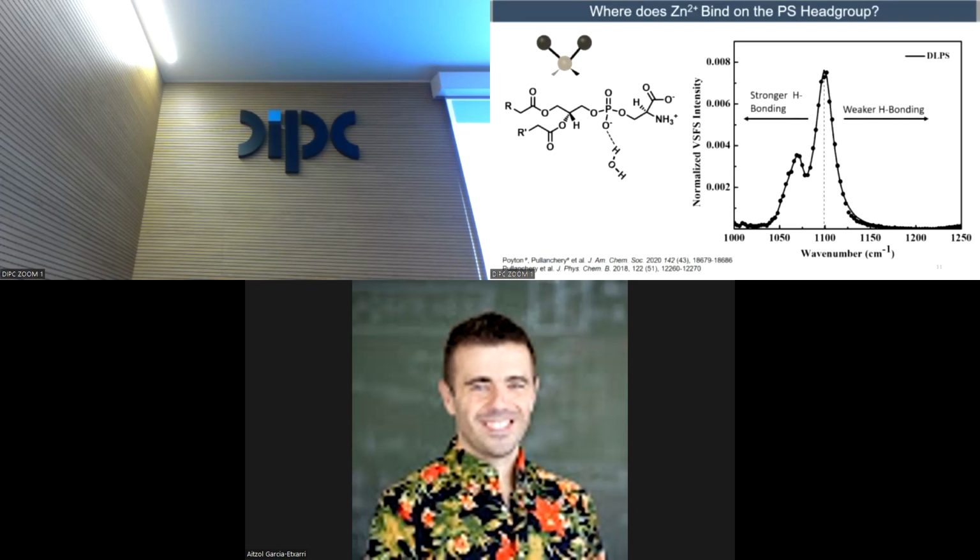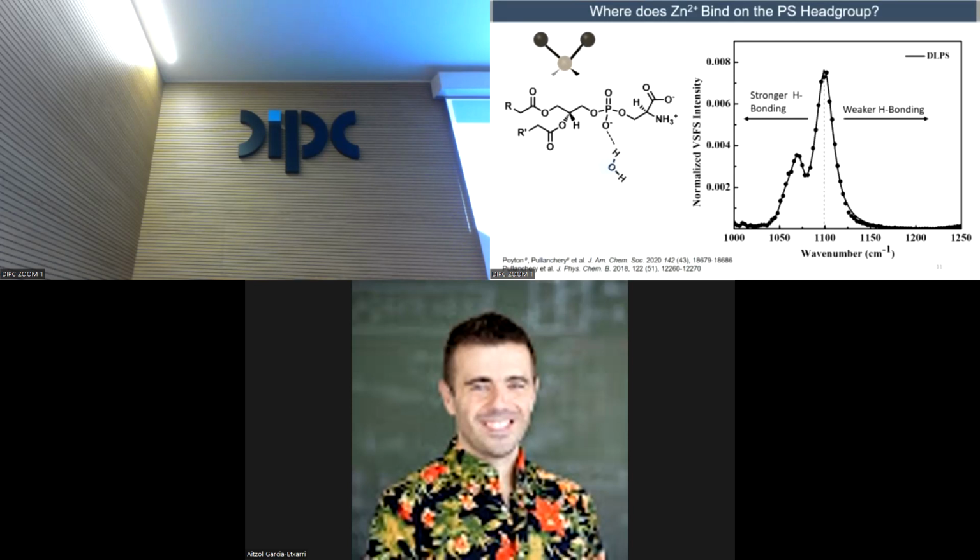And what's really good about looking at this peak is that the peak is highly sensitive to the hydrogen bonding environment around it. If the hydrogen bonding environment gets weaker, the peak shifts to higher frequencies. If the hydrogen bonding environment gets stronger, the peak will shift to lower frequencies.